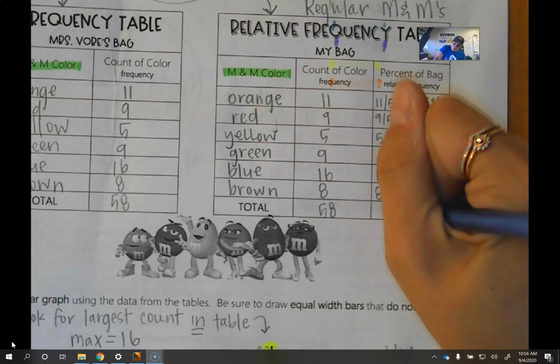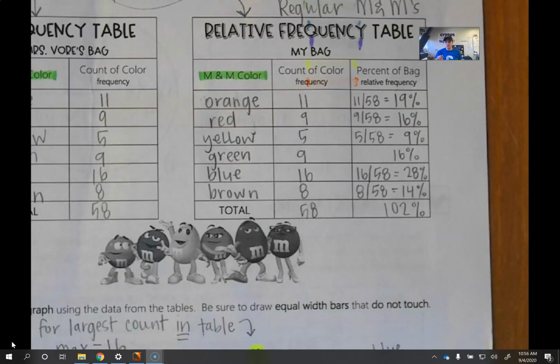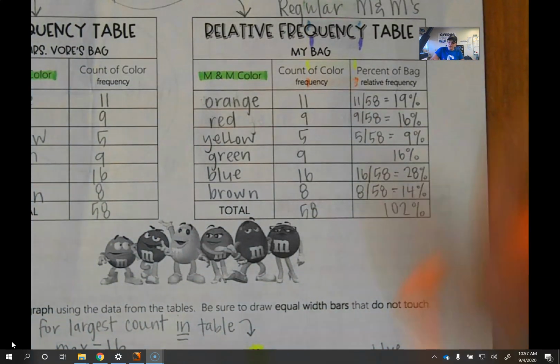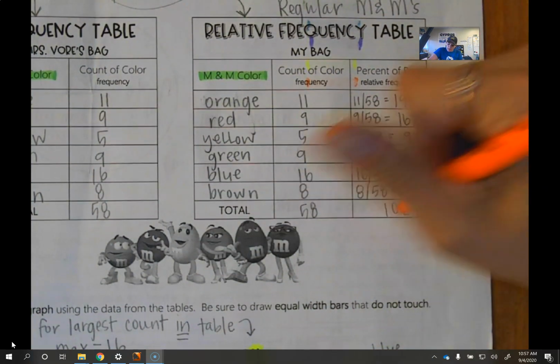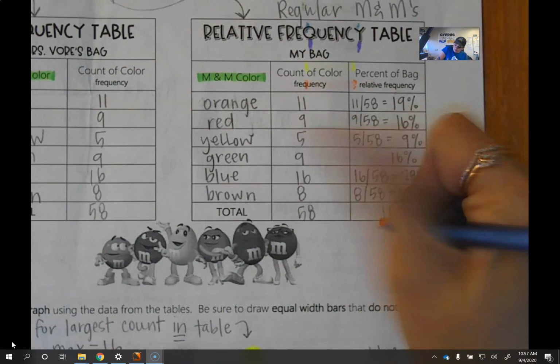Okay. I went through and added mine and got 102%. So why am I getting 102% when I know that these are supposed to be adding to 100%? This is called rounding error.